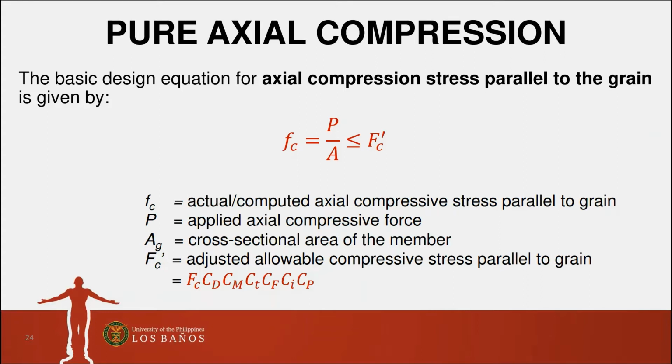Meanwhile, P is the applied axial compression force, A_g is the cross-sectional area of the member, and F'_c is the adjusted allowable compressive stress parallel to the grain. F'_c is given by the base design value F_c multiplied by C_D, C_M, C_T, C_F, C_I, and C_P.